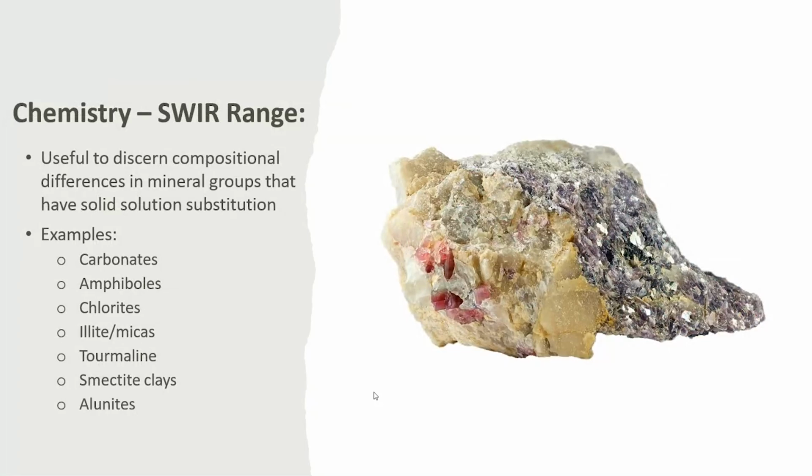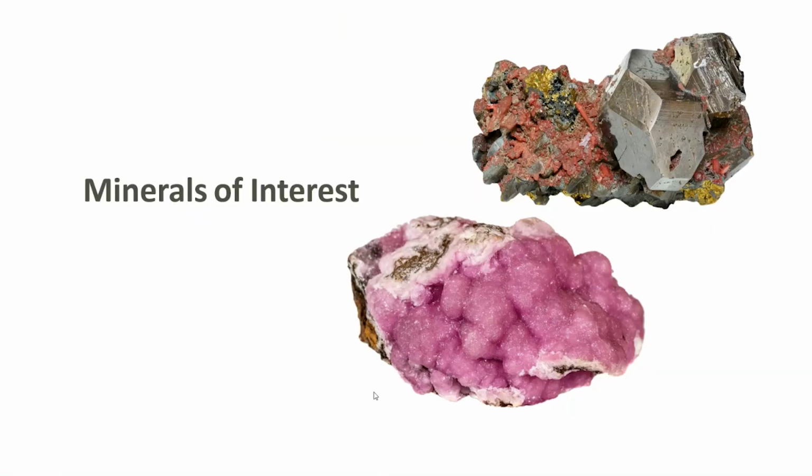Some examples here are the carbonates, amphiboles, chlorites, white micas, tourmalines, smectite clays, and alunites, all of which exhibit wavelength shifts with cation substitution. So let's actually take a look at some examples of these minerals and mineral assemblages and their spectral signatures.